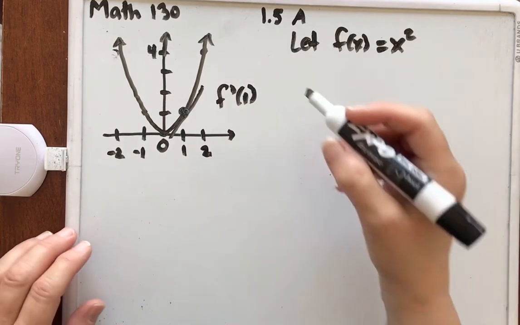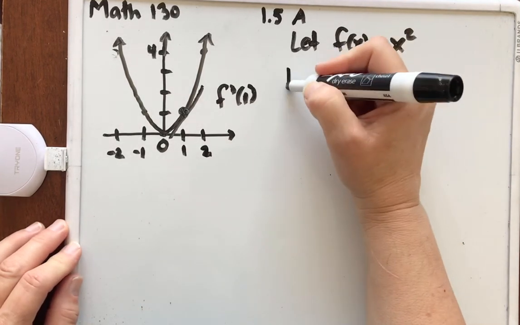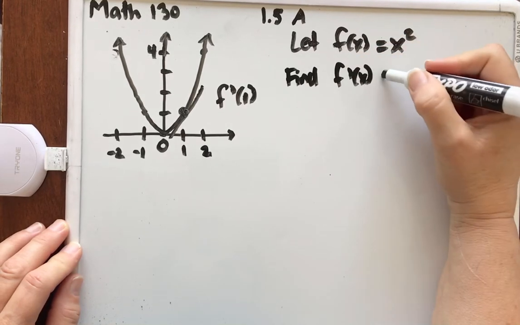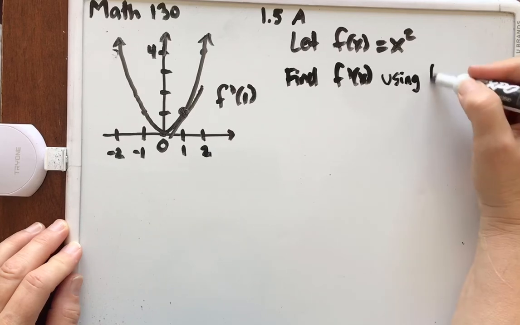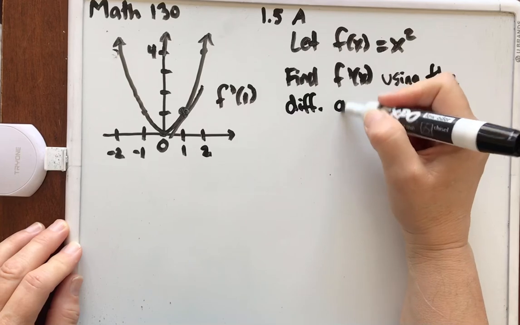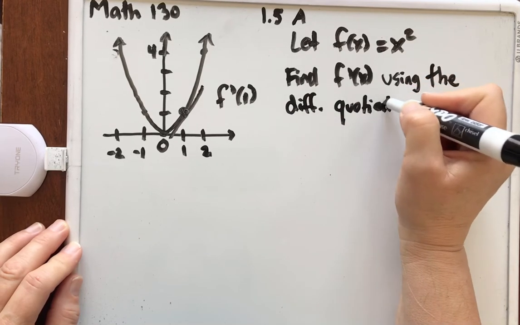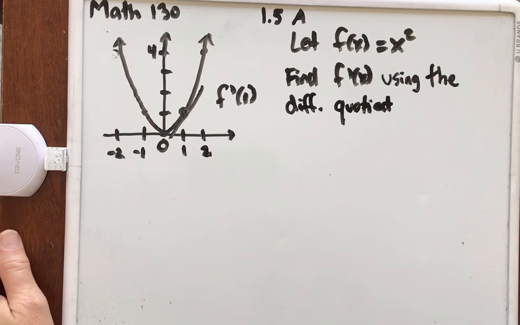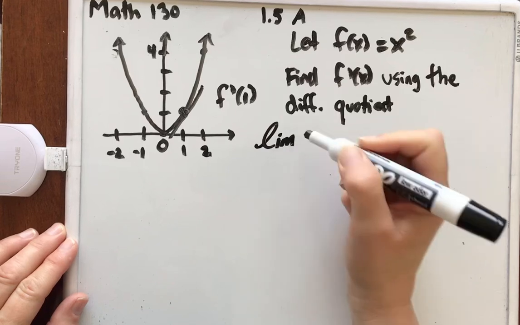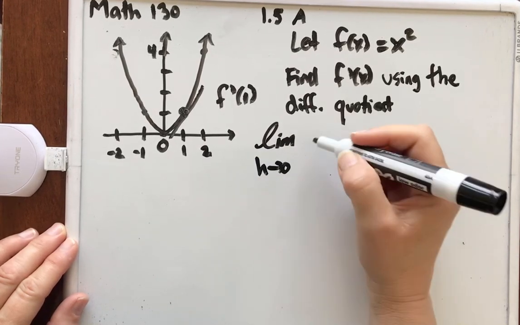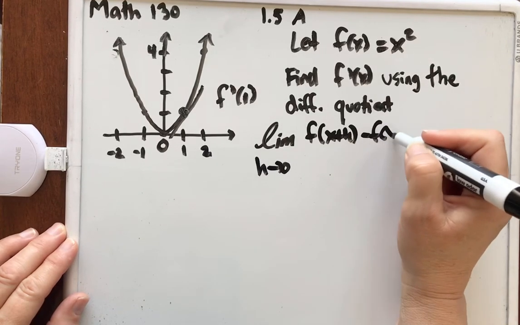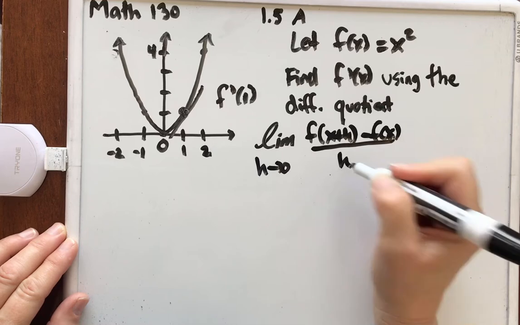Okay? So, the first question would be find f prime of x using the difference quotient. Well, we know the difference quotient is limit as h approaches 0, f of x plus h minus f of x all over h.